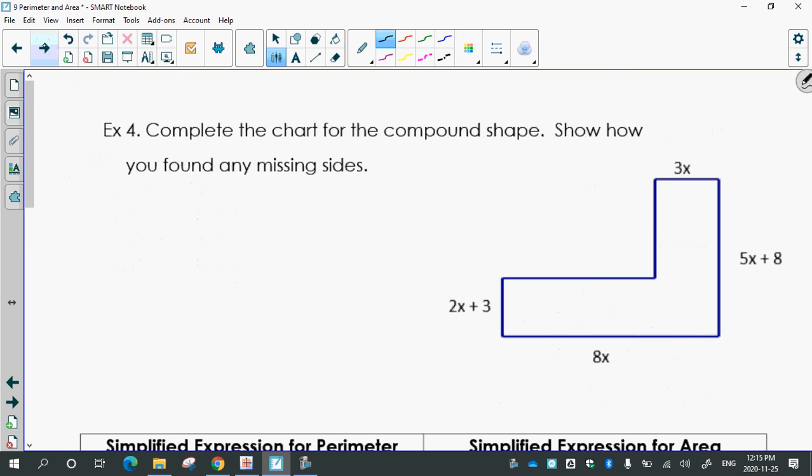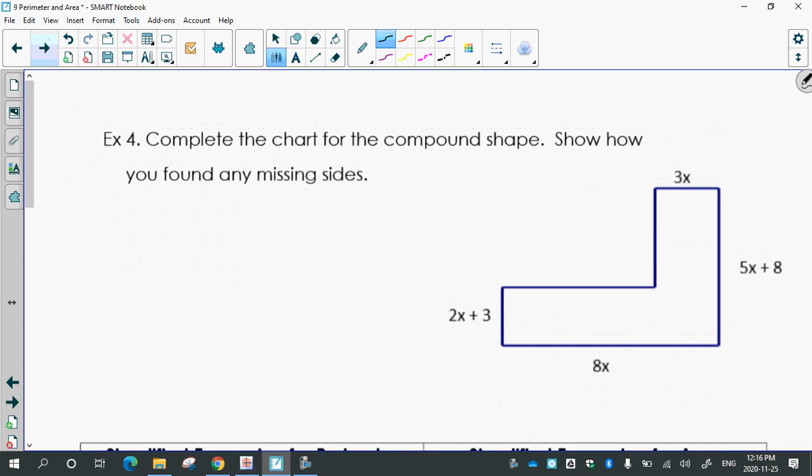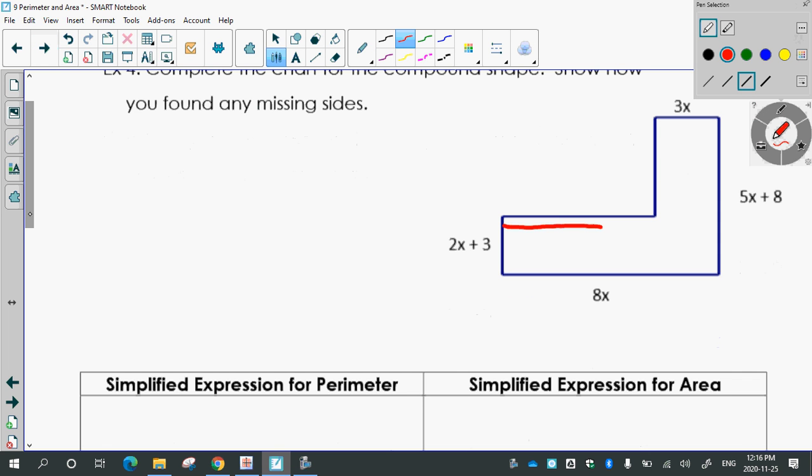Oops, I went the wrong way. Complete the chart for the compound shape. Show how you found any missing sides. So let's look at this compound shape. Here's one missing side. What's going on? Oh.